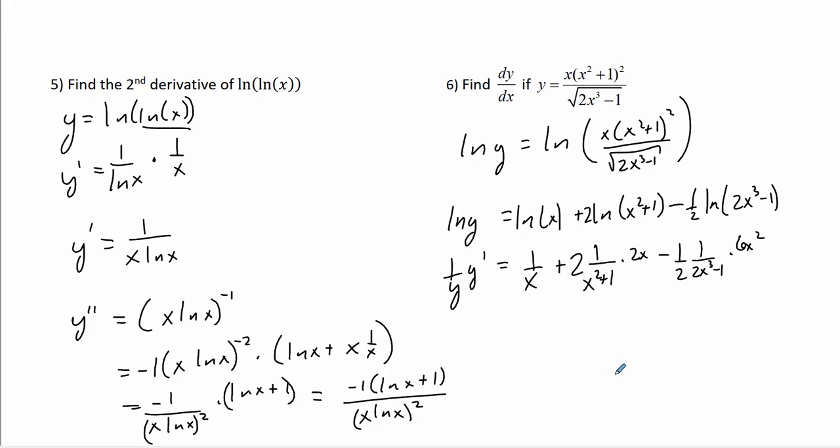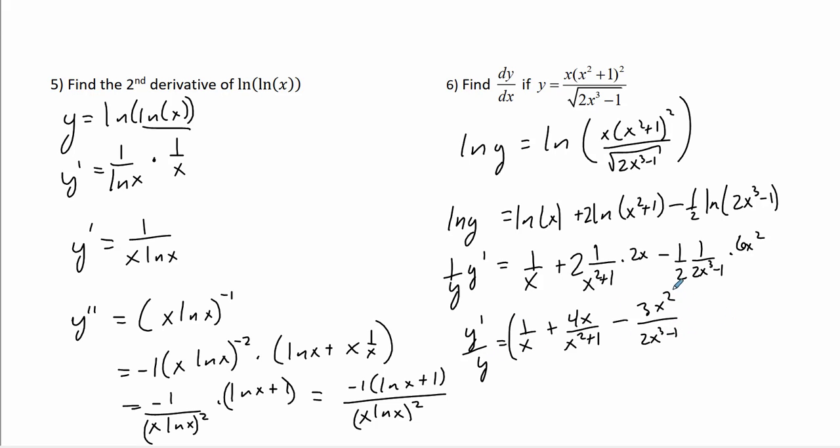Now let's clean this up a little bit, and we get y prime over y equals 1 over x plus 4x over x squared plus 1, minus, the 6 and 2 make a 3x squared on top, over 2x to the third minus 1.